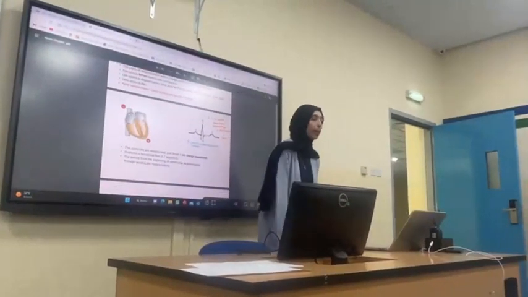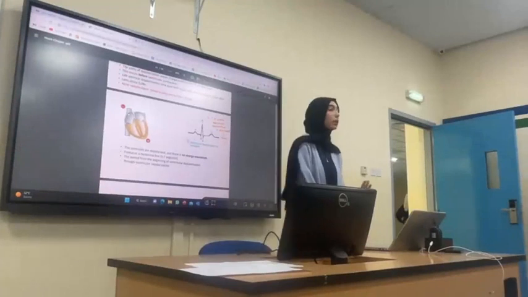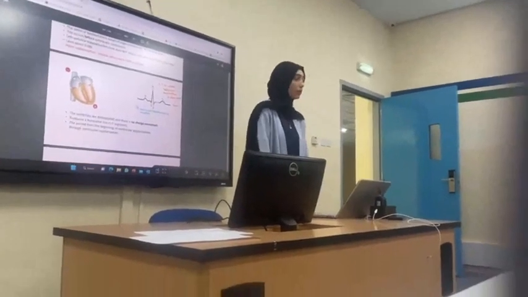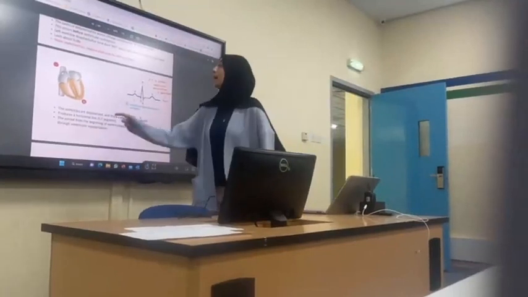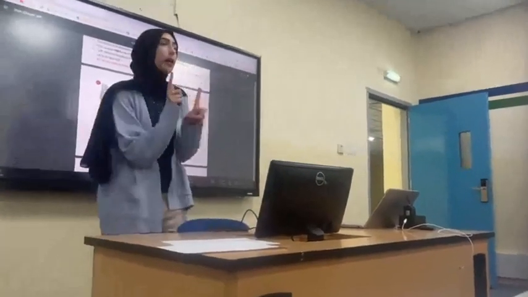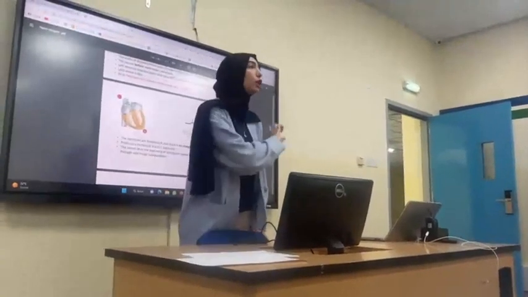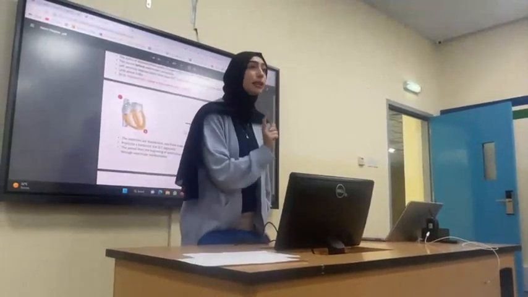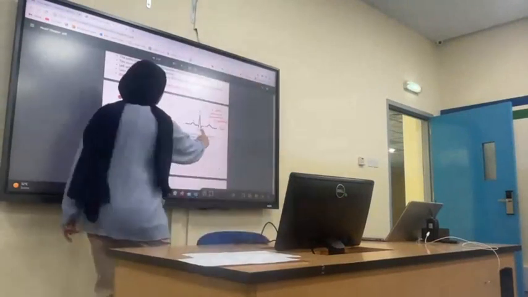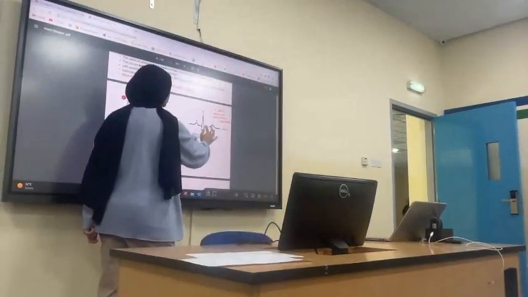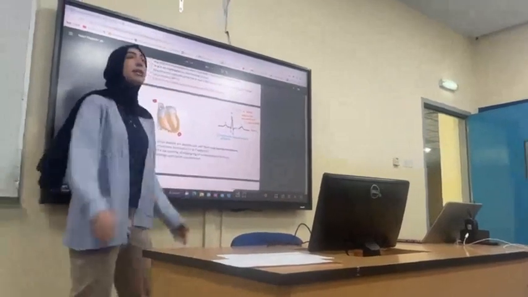After it we have an ST segment. A lot of you may have skipped over this segment, but it's actually very important. This ST segment indicates the time when the ventricles, and again the emphasis is on ventricular, not the whole heart, are depolarized. From here we finished depolarization, and they sustain depolarization.